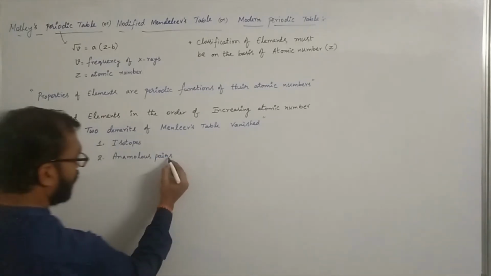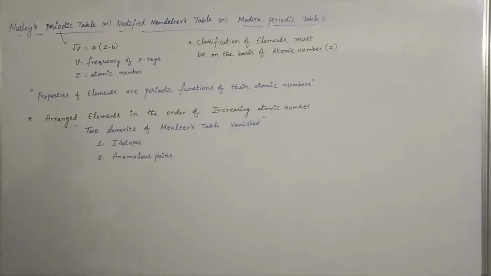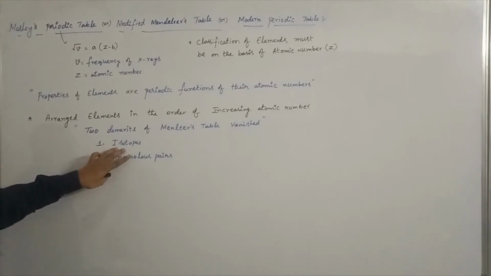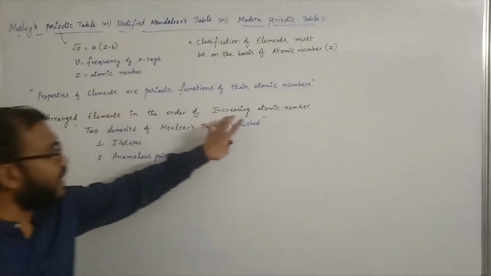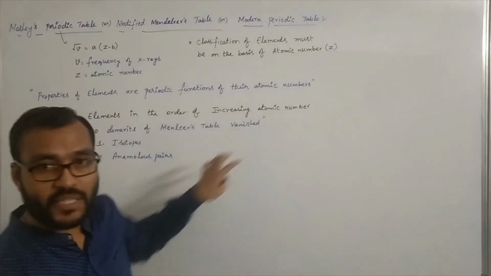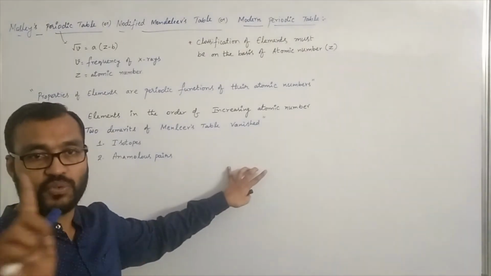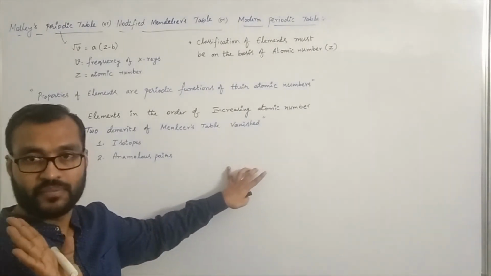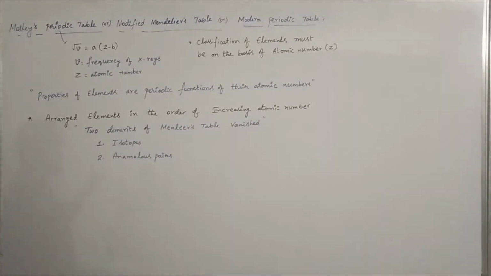Why did these two things vanish? Isotopes have different atomic masses but the same atomic number. As we are arranging according to atomic number, since they possess the same atomic number, we place them at only one position. For example, hydrogen's atomic number remains 1. According to Mendeleev, we have to place elements by atomic mass, and hydrogen has 3 isotopes, so 3 atomic masses.